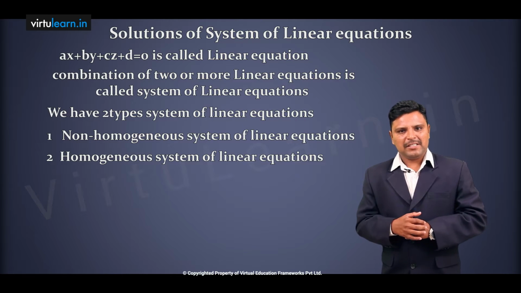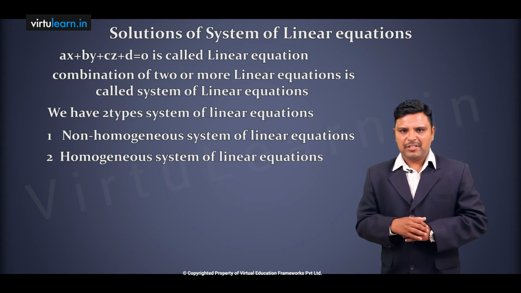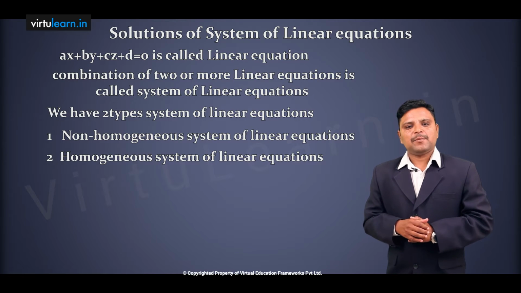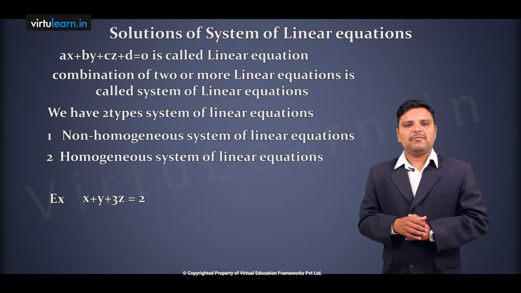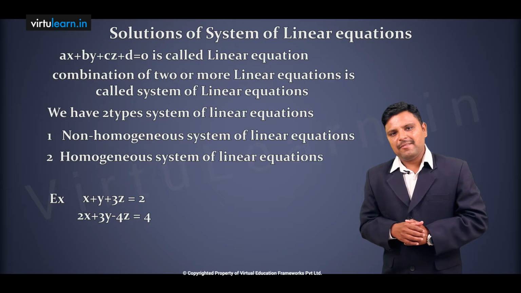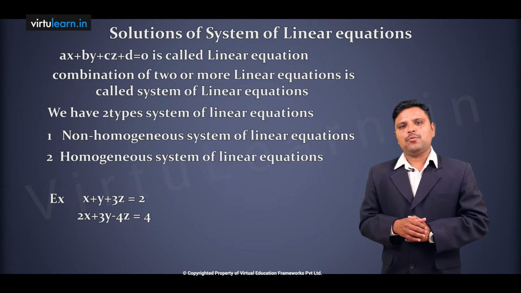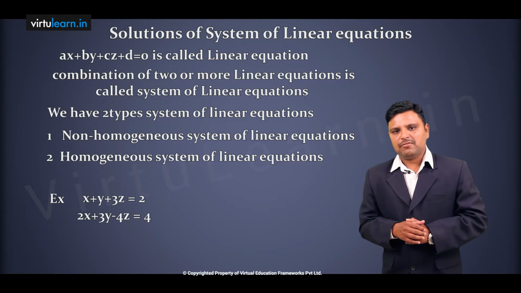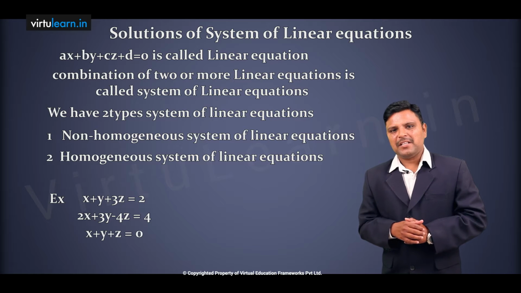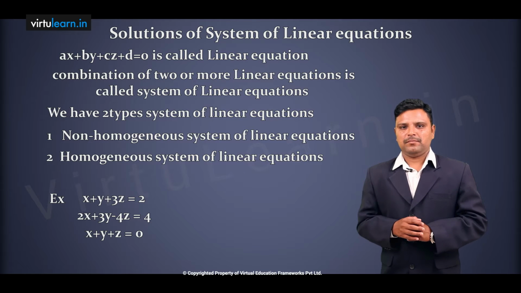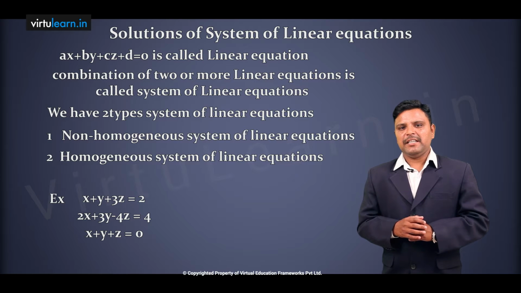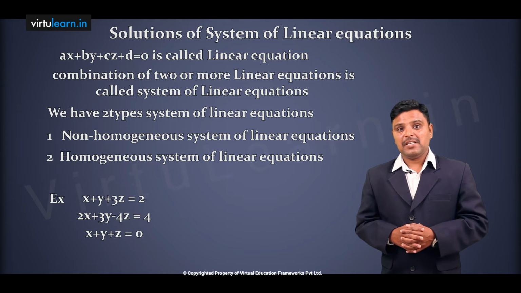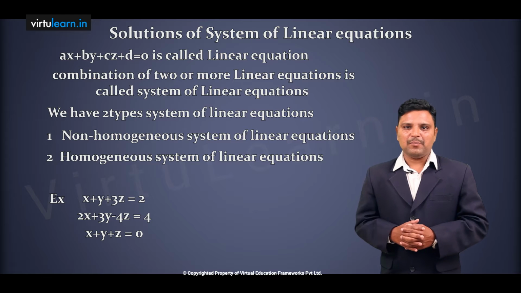First of all, I will consider one set of linear equations. Observe this one. x + y + 3z = 2. Another equation, 2x + 3y - 4z = 4. The last equation, x + y + z = 0. This is a set of three linear equations in x, y, z variables.